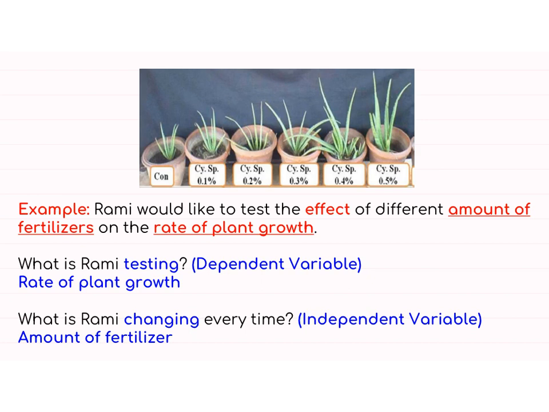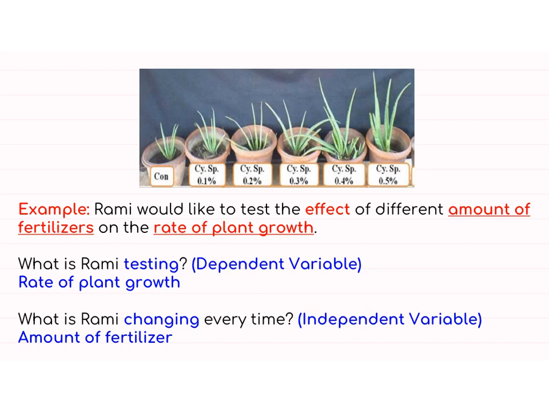In this example, Rami would like to test the effect of different amounts of fertilizer on the rate of plant growth. In the pots shown in this photo, as you move to the right, the amount of fertilizer is increasing, and the first one, which is the control pot, doesn't have any fertilizer at all.